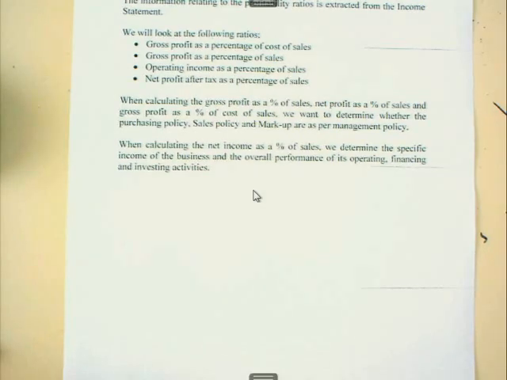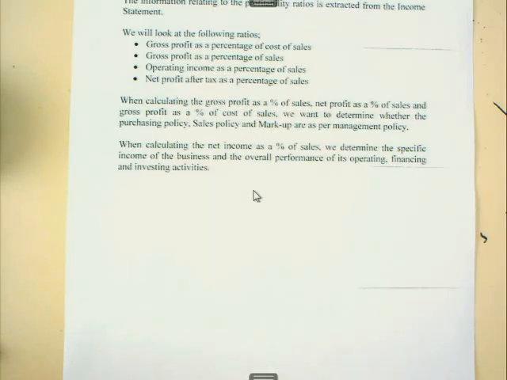Then when calculating the net income as a percentage of sales, we determine the specific income of the business and the overall performance of its operating, financing, and investing activities. It's very important that you understand the ones dealing with gross profit on sales, net profit on sales, and gross profit as a percentage of cost of sales.